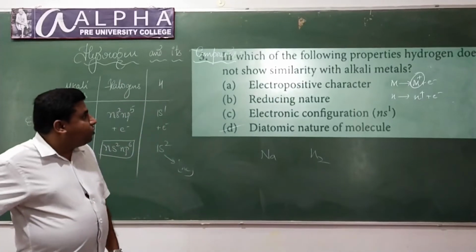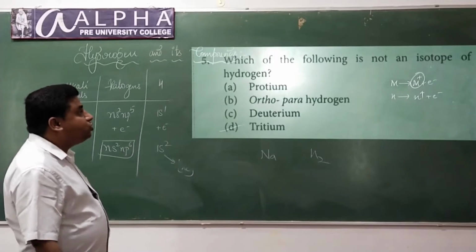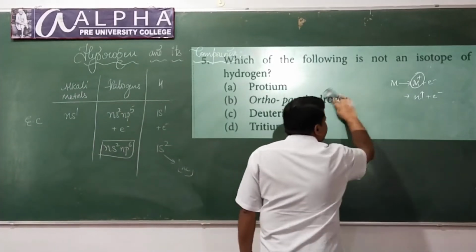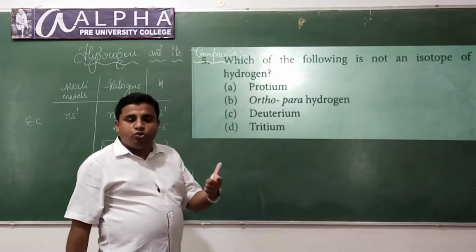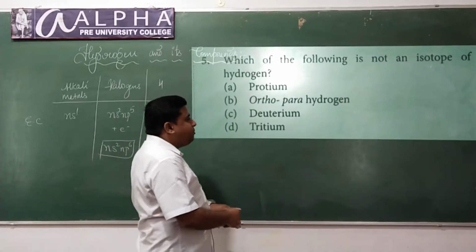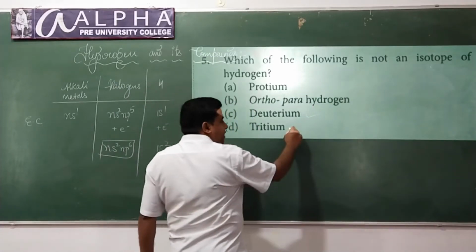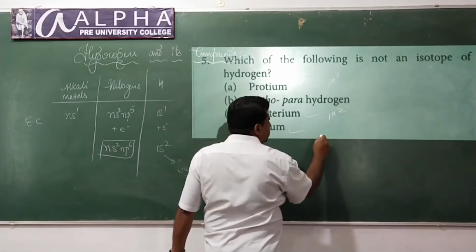Which of the following is not an isotope of hydrogen? Just now we spoke about this. What are the different isotopes of hydrogen? Protium, deuterium, tritium. Protium is an isotope, deuterium is an isotope, tritium is an isotope: protium 1H1, deuterium 1H2, tritium 1H3.